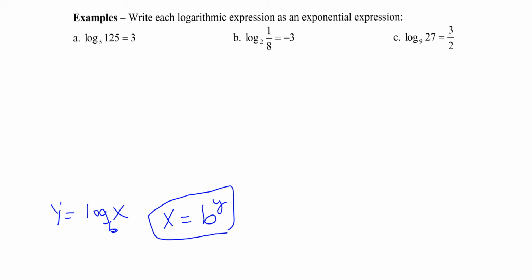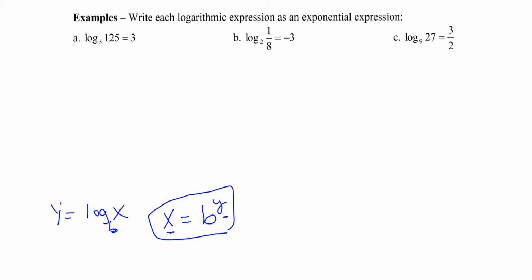B is your base. So here, our requirements are x has to be greater than 0, and y has to be a real number. And again, remember with inverse functions, you switch your x and your y. So what they did with the log is they switched the x and the y. So what we're going to do for the first one is we're going to take our log and write it as an exponential function.